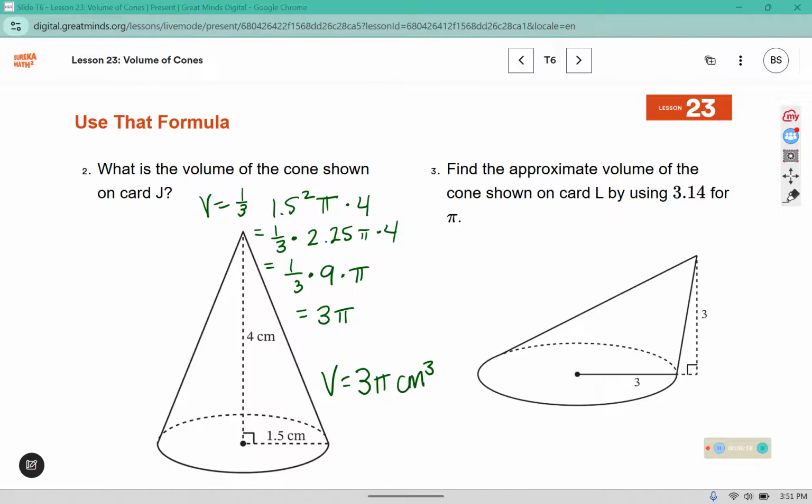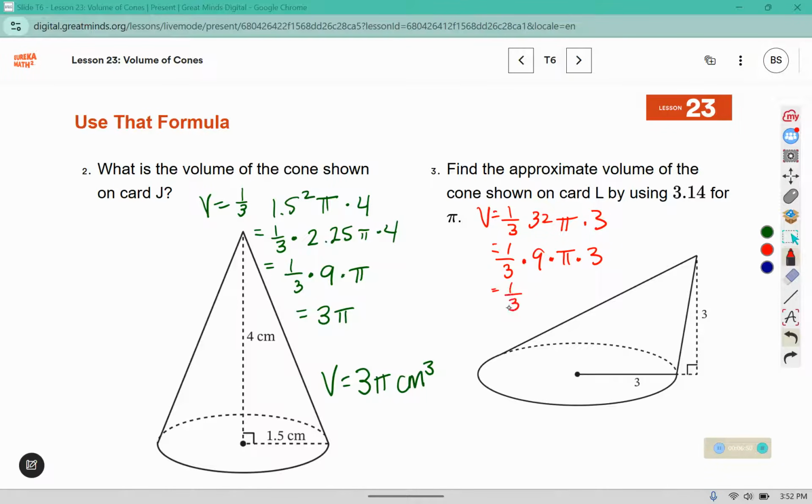Number 3 says find the approximate volume of the cone shown on card L by using 3.14 for pi. This is a cone, so 1/3 radius squared, and the radius in this case is 3, times pi times the height. 3 squared is 9. 9 times 3 is 27.